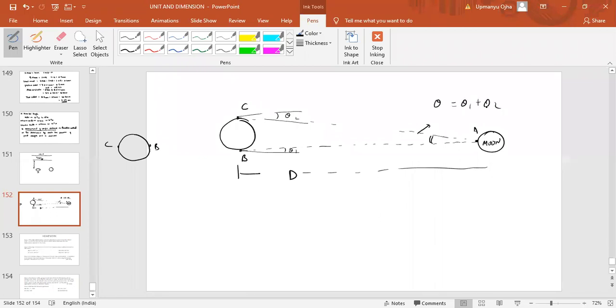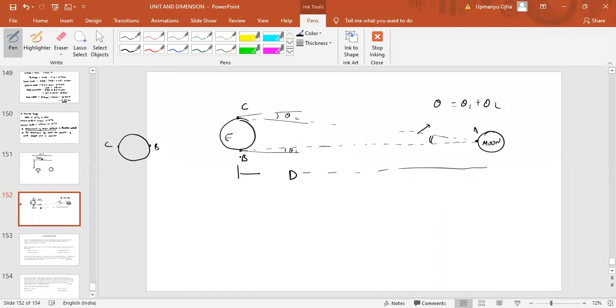So what we are doing? We had assumed that the distance between the Earth and the Moon is capital D. Now we are observing a certain point on the Moon from two different positions of the Earth. One position is B, and from B the point A makes a certain angle theta 1 from the vertical.